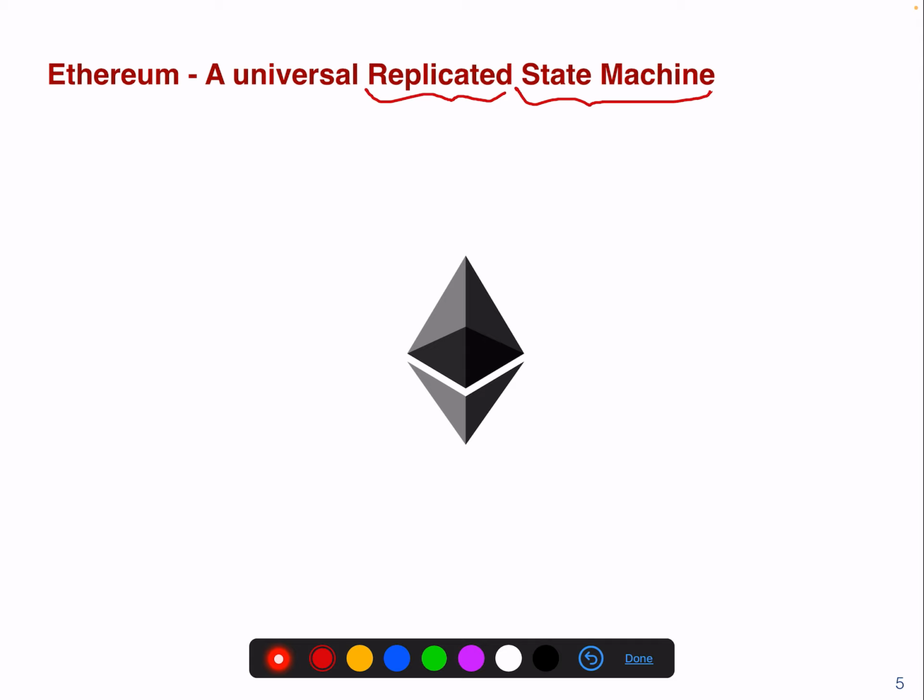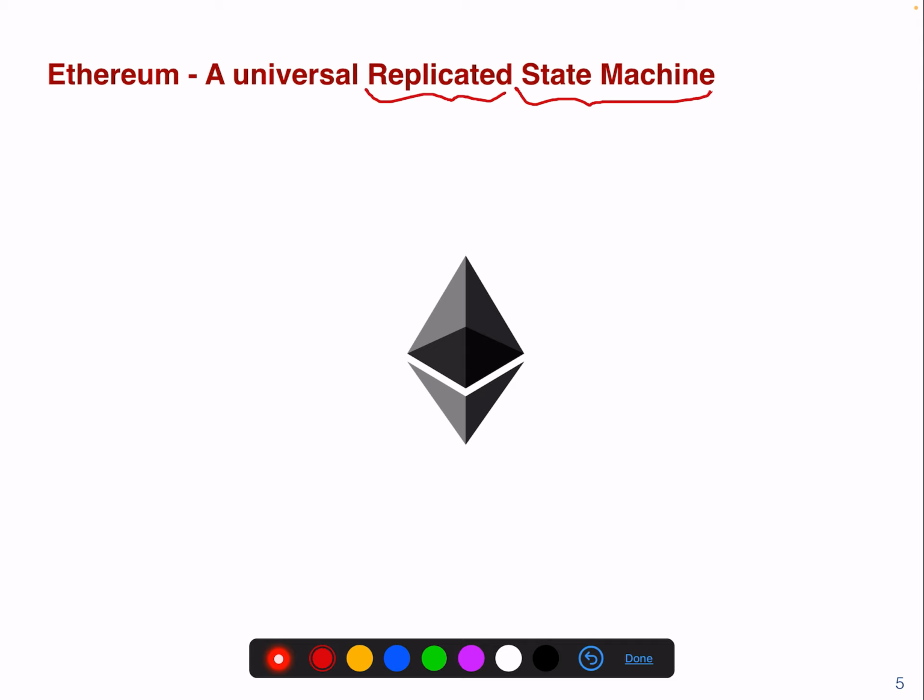Bitcoin is in a sense nothing different, right? There's nothing novel on the blockchain side in Ethereum itself. Both are blockchains, and Bitcoin as well stores state, as we've seen in the previous lecture in the UTXO set.